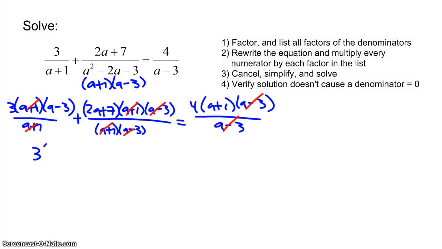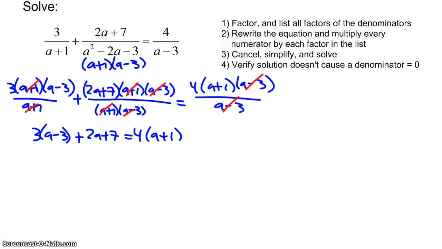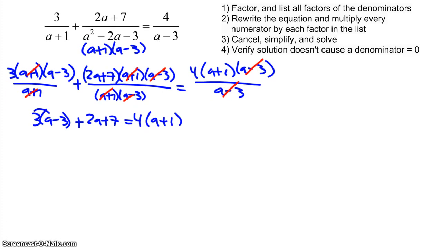I've got 3 times a minus 3 plus 2a plus 7 equals 4 times a plus 1. This is nice. We're not going to have any a squareds in here, but we do need to distribute a couple places here. So we've got 3a minus 9 plus 2a plus 7 equals 4a plus 4.